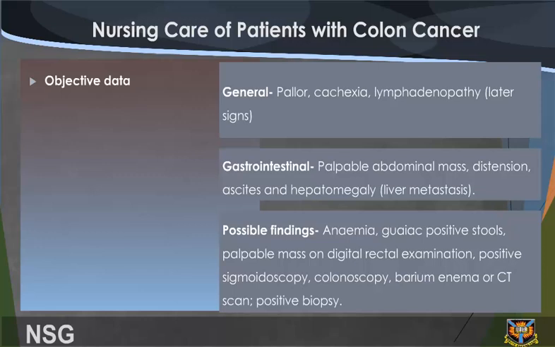Possible findings: anemia, guaiac positive stools, palpable mass on digital rectal examination, positive sigmoidoscopy, colonoscopy, barium enema or CT scan, positive biopsy.